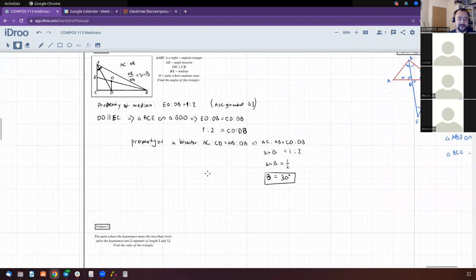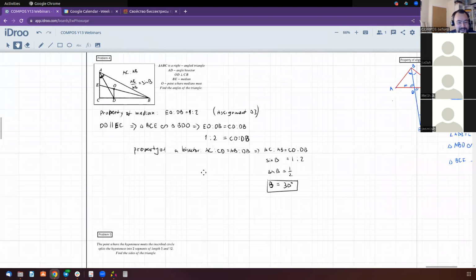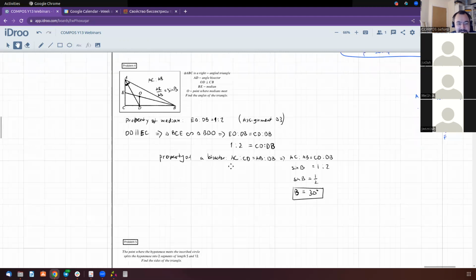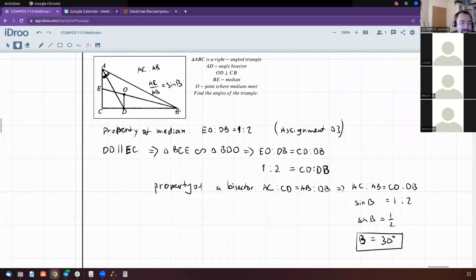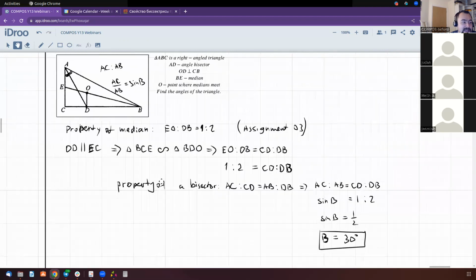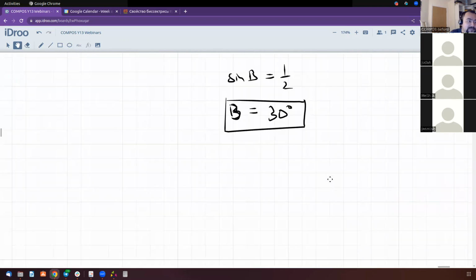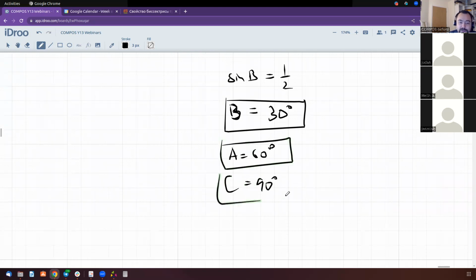Can't be minus 330. So B is 30 degrees, and obviously A is 60 degrees, and C is 90 degrees, which you already knew.